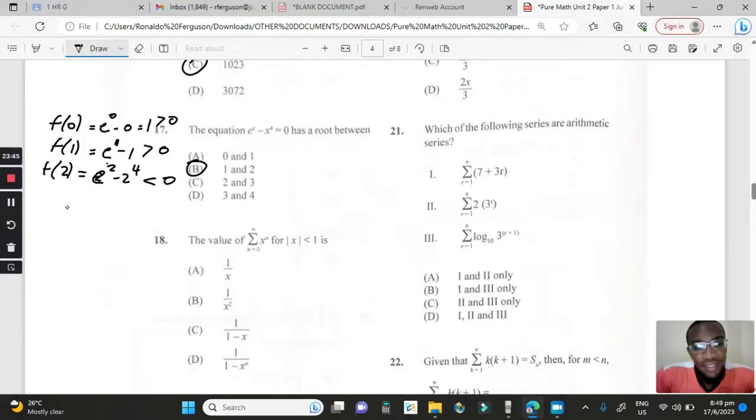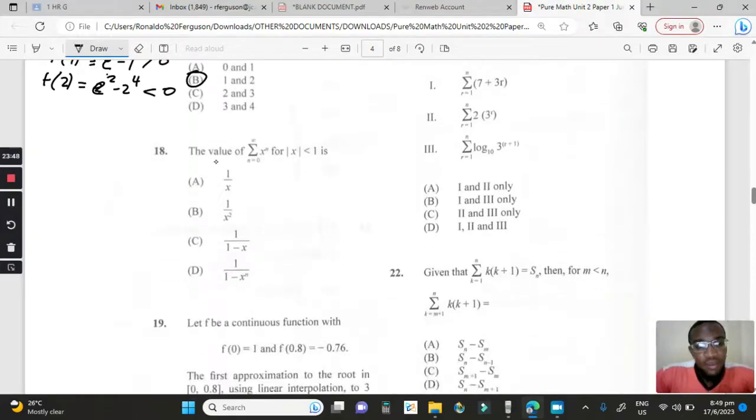Alright, that's it. Now this one, this is when the modulus of x is less than 1. You plug in 0, it's 1, plus plug in 1, that's x, plus plug in 2, that is x squared, plus x cubed, and it continues.